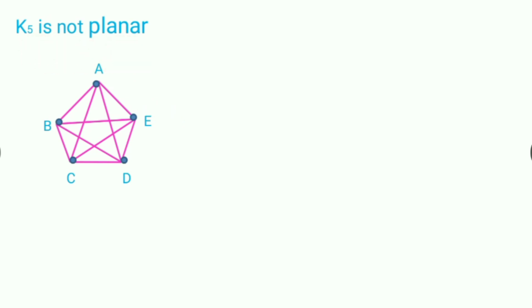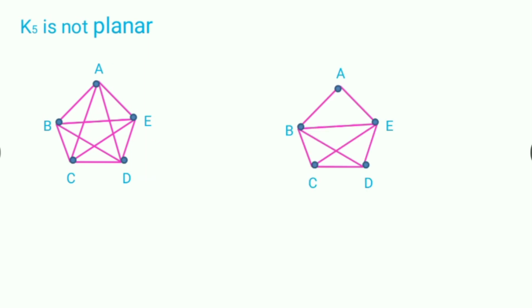Suppose this edge is cutting this edge, and that edge is cutting this edge and this edge here. This one is also cutting this one and this one. So I can remove these 2 edges and put them elsewhere, and the graph will look like this. But what about this edge?